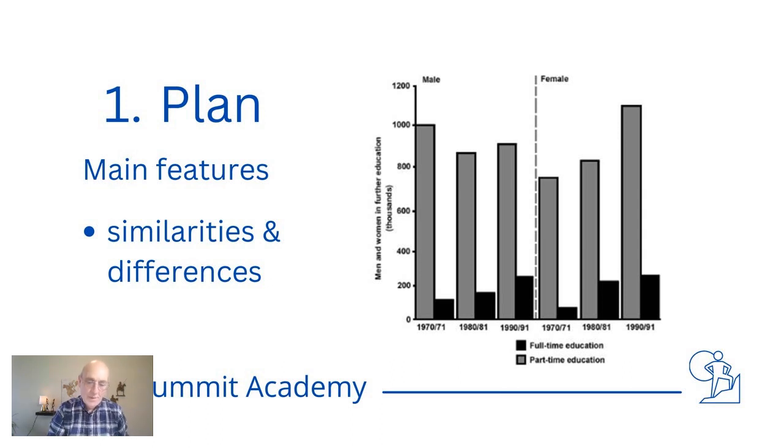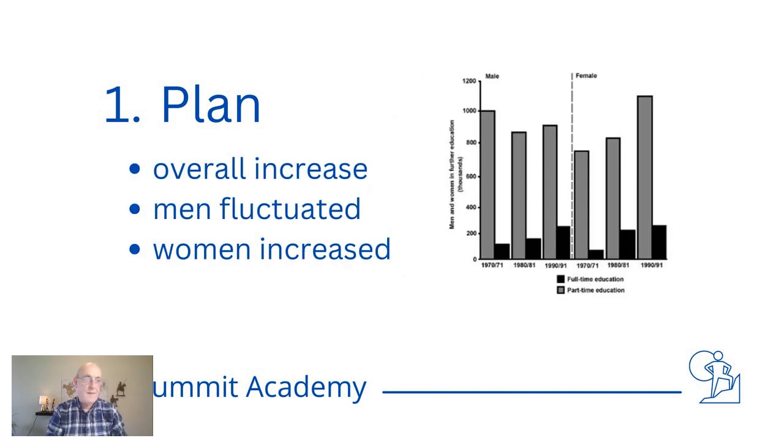So then I'm going to jot down a few notes to help me organize my essay. So this is just what I've noticed, as I just mentioned. There was an overall increase if I look at, for example, the full-time education, which is the black bars, in both cases, male and female.